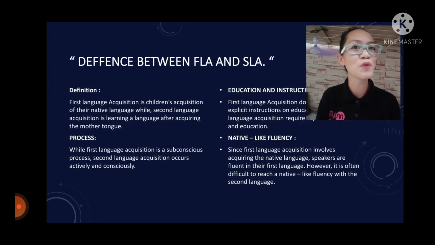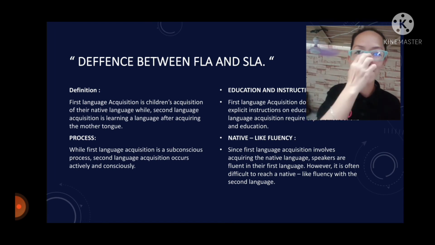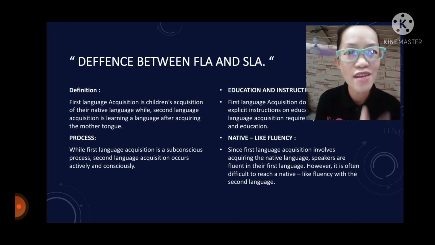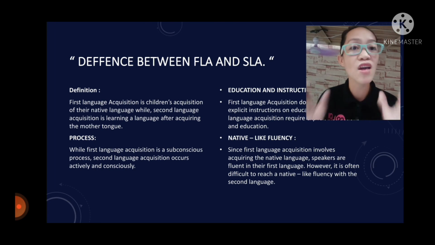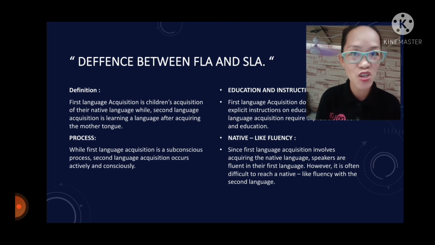We are going to differentiate between the first language acquisition and second language acquisition. So first, the definition. The first language acquisition is children's acquisition of their native language, while second language acquisition is learning a language after acquiring the mother tongue.